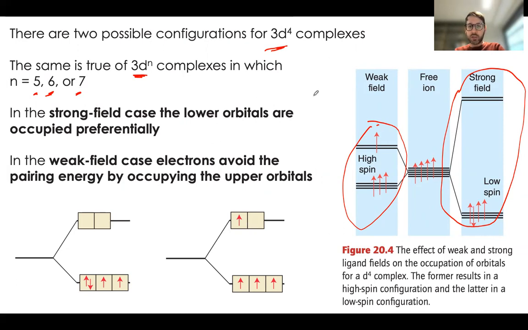And as we can see from this image, in the strong field case, the lower orbitals are occupied preferentially, while in the weak field case, electrons avoid the pairing energy by occupying the upper orbitals.